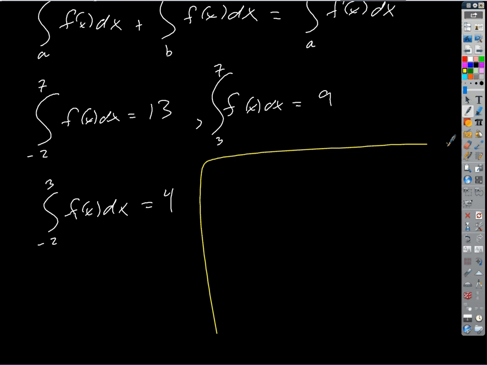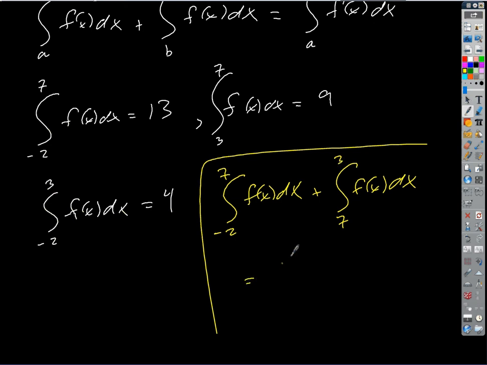I should also be able to say the integral of f of x dx from -2 to 7 plus the integral of f of x dx from 7 to 3 must also equal the integral of f of x dx from -2 to 3, right? Agreed? Because all that has to happen is the upper limit of my first integral has to match the lower limit of my second, right?